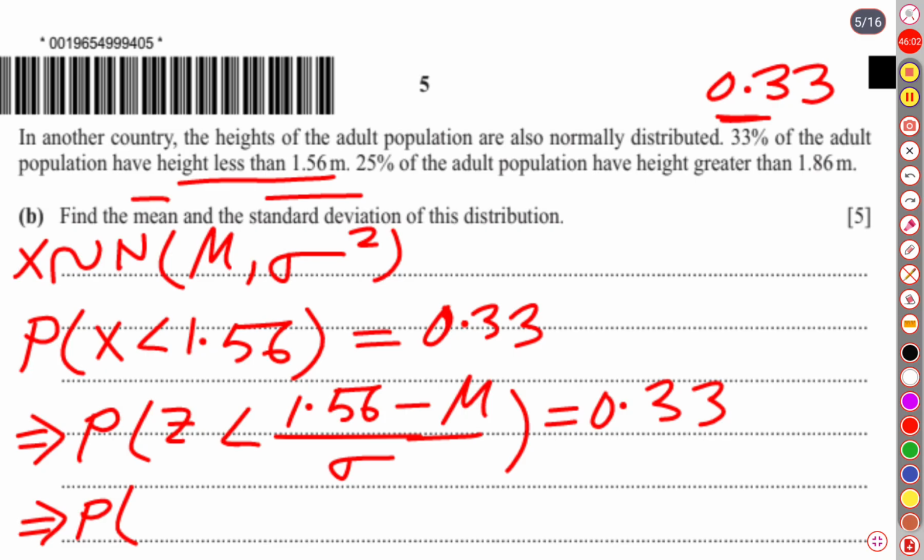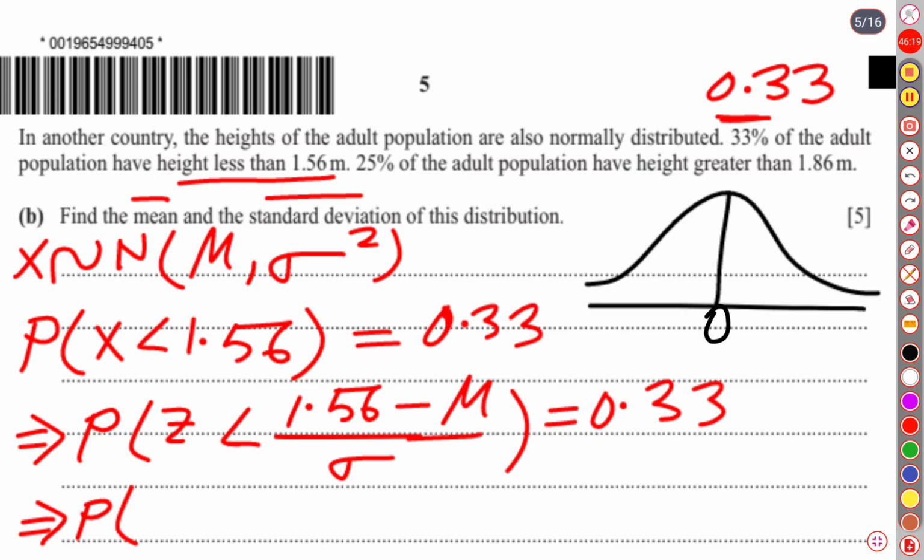If I show you the normal distribution curve, look, suppose this is the normal distribution curve. It is definitely symmetrical, and the probability on the left of the mean line is 0.5. As the probability they have told us is 0.33 and it is less than, our z score may fall over here.